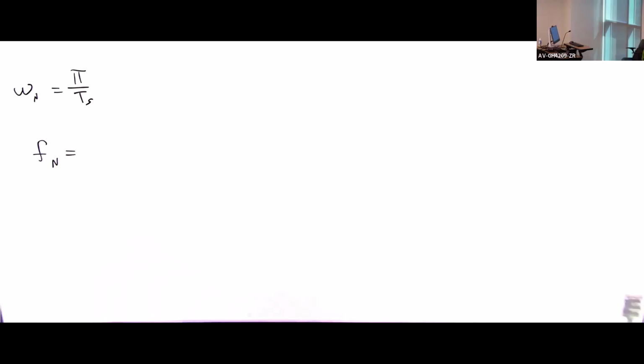Nyquist frequency is defined by the sampling frequency, which is half of it, one half of the sampling frequency. But what is the sampling frequency? Sampling frequency is 1 divided by ts, the sampling interval. Frequency is 1 divided by interval. So you'll get that as 1 divided by twice ts.